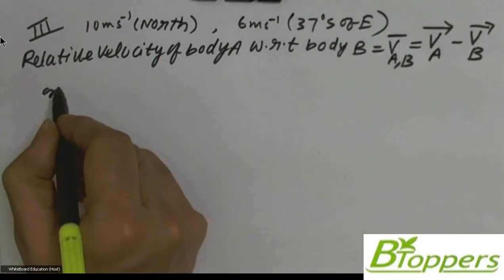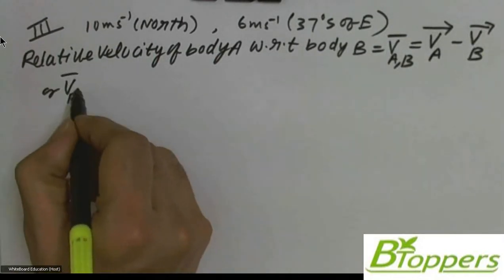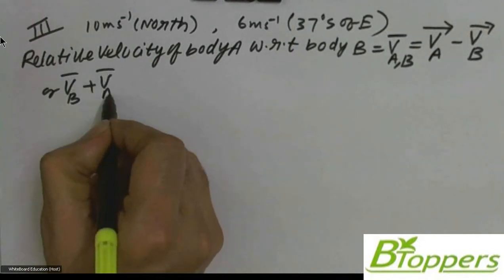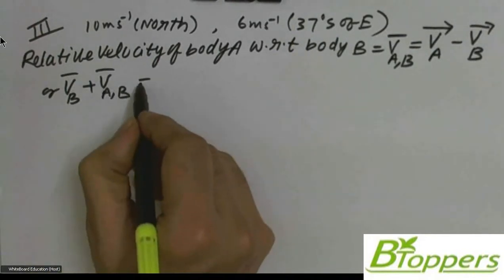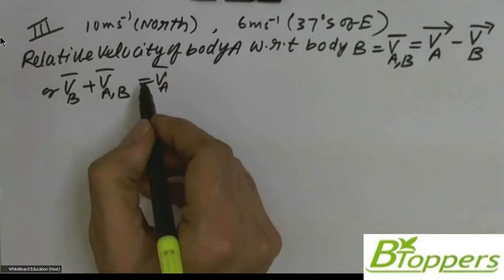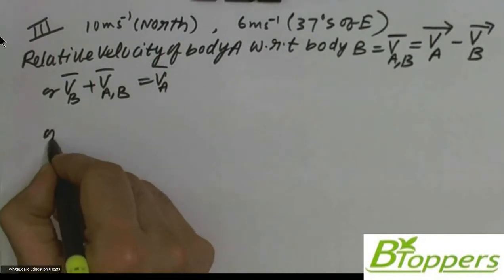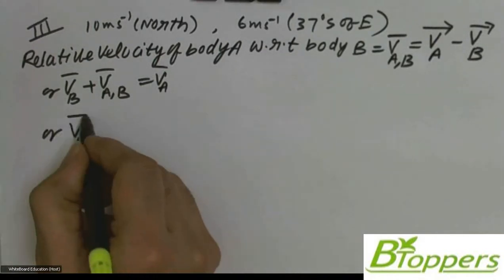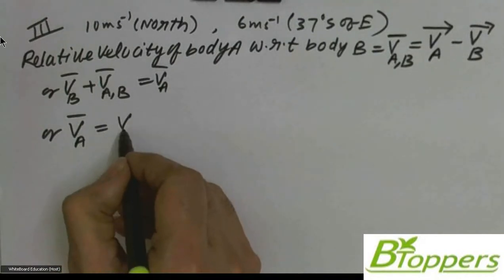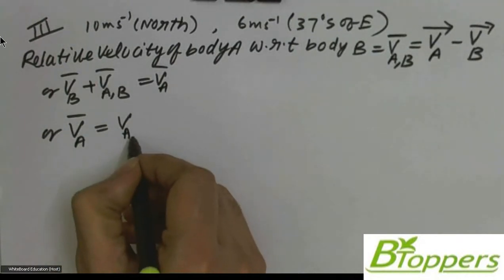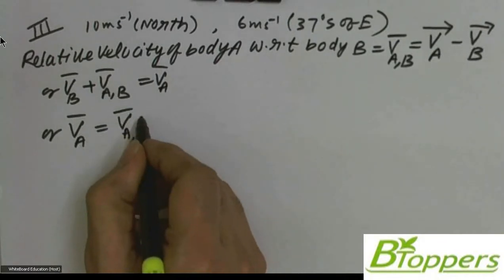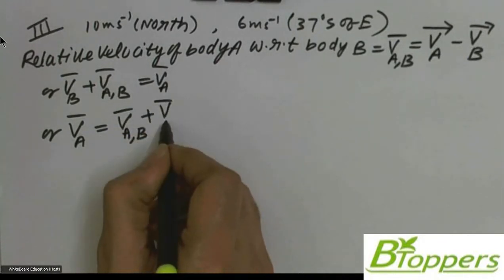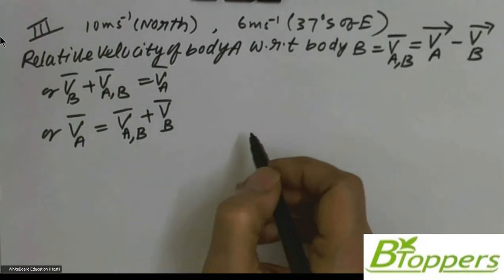You can write vector sum of VB bar and V bar AB equal to VA bar. That means actual velocity of the body A is the vector sum of the relative velocity of A with respect to B and velocity of the body B.